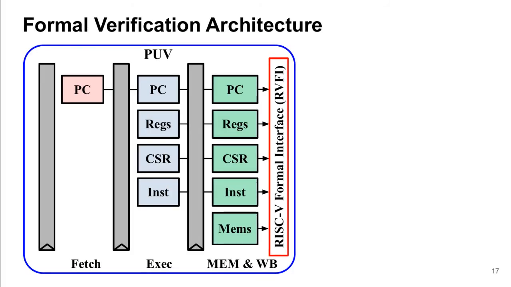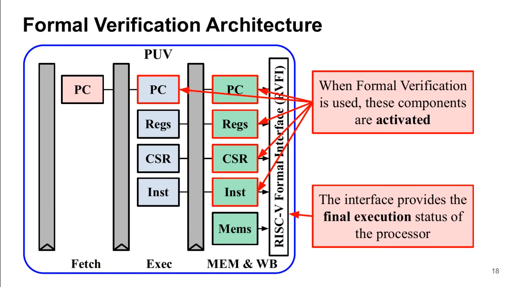The formal verification architecture is as follows. The formal IP needs an interface named the RISC-V Formal Interface, or RVFI. To create the interface, the final status of the execution needs to be output. We create additional segmentation components of the execution status on each of the pipeline stages. When the POV retires an instruction, the components are published to the interface.